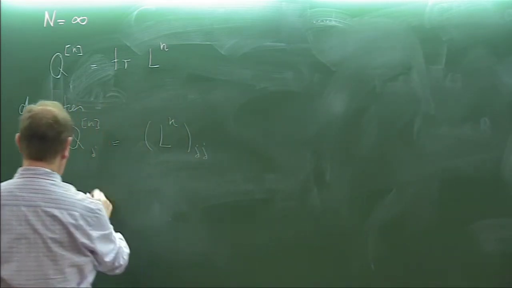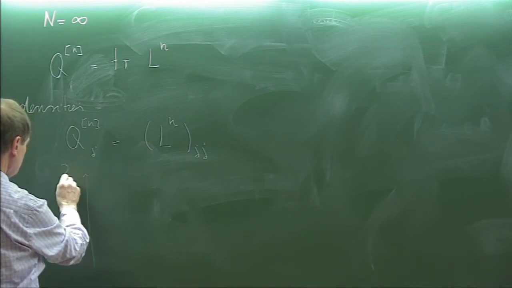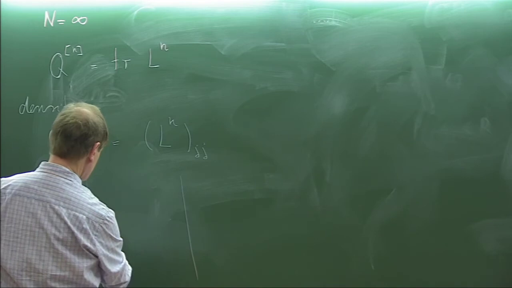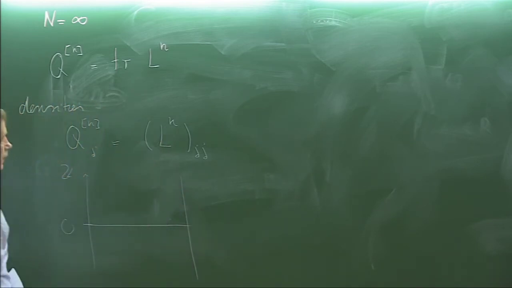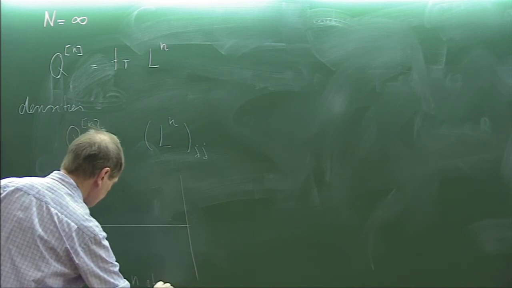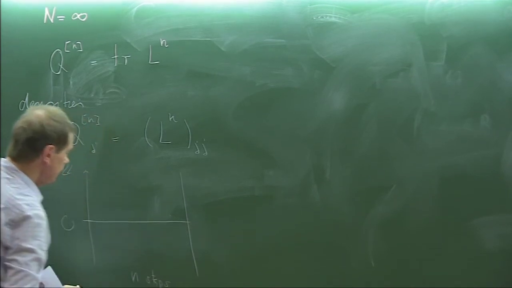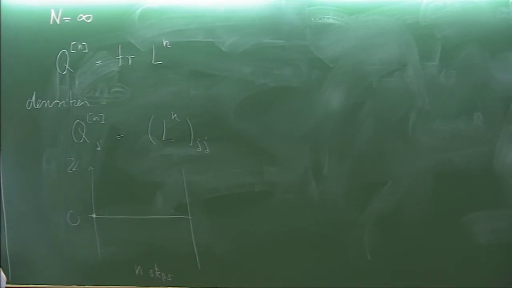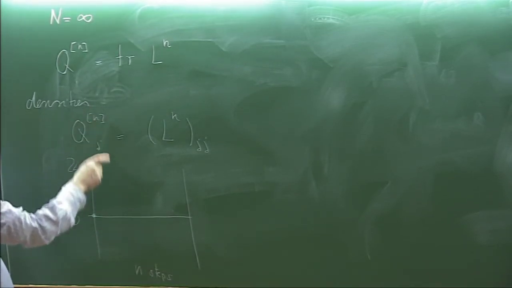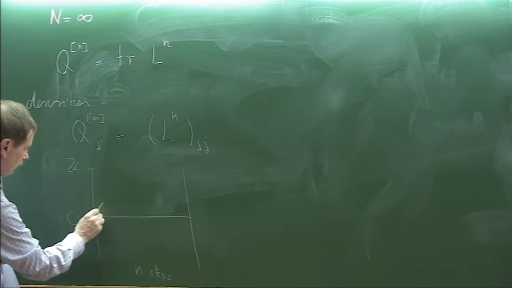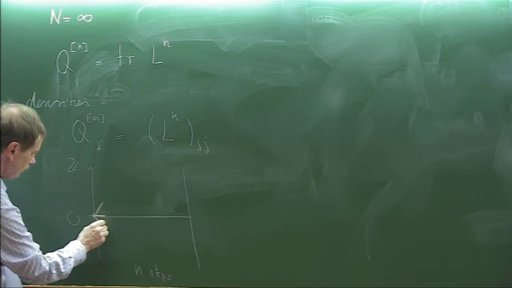So now I put the lattice direction in this direction. Maybe here's 0. And I have to apply this matrix n times. So I do n steps down here, right? It's a triangle matrix. So let's say if I'm at lattice site 0, or maybe at lattice site j, then I can either go up, I can go straight, or I can go down, because it's a triangle matrix.